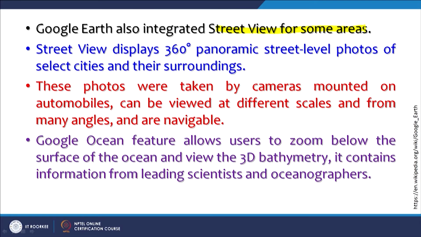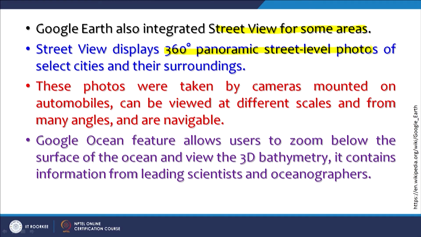Google Earth is also now integrated with street view for some areas, not all areas. If you have 3D building coverage for those countries, you also have street view of those areas. The advantage of street view is that it displays 360-degree panoramic street level photographs.